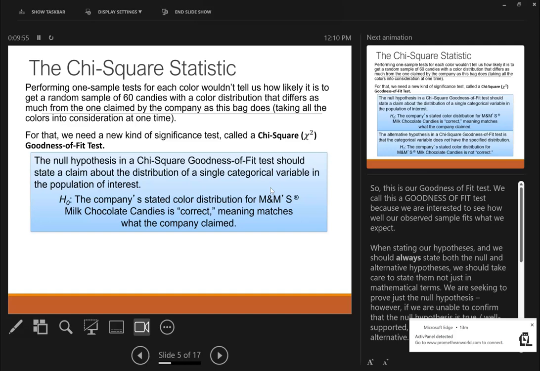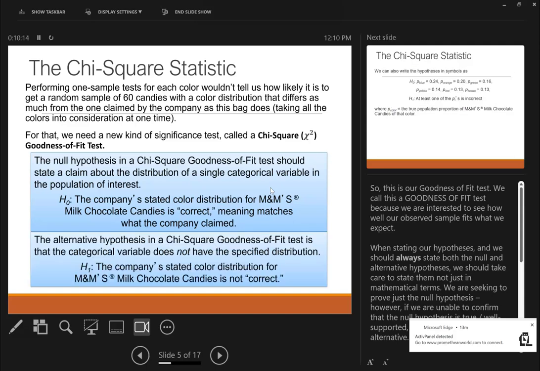But really what we're saying is that the probability that our sample came from a collection that had these percentages as advertised is pretty high. That's what we mean by correct or matches. The alternative is simply that the color distribution is not correct, that it does not match the advertised distribution.